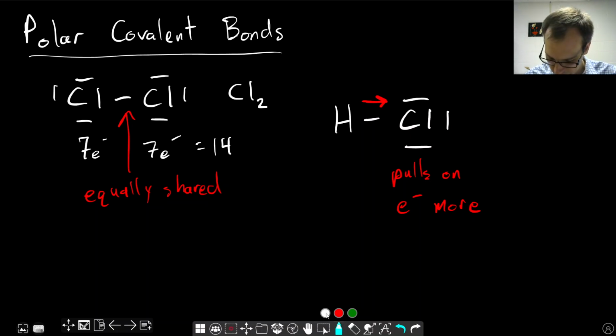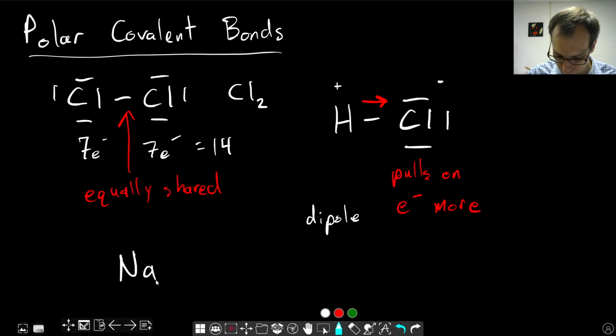Polar means that it has what we call a dipole, meaning there's a little bit of a positive charge here and a little bit of a negative charge here. Not so much as an ionic compound, something like NaCl, which we don't even draw with any shared electrons. Here, these are completely positive and negative charges.